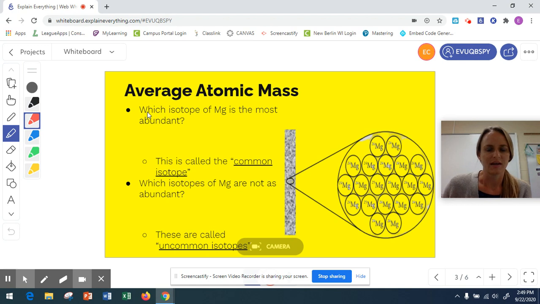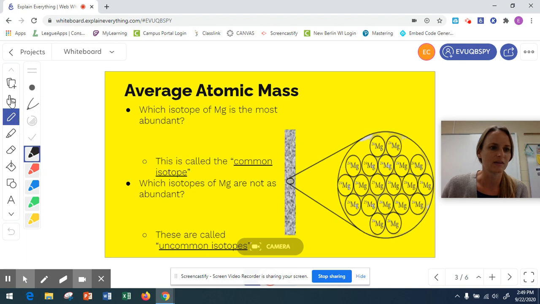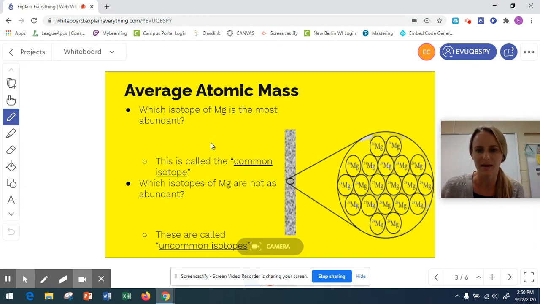In order for us to understand, we have to talk about abundance. Which isotope of magnesium is the most abundant based on that picture that we talked about at the start? You could see clearly, as I was coloring those magnesium atoms in with differing mass numbers, that magnesium 24 was definitely the most abundant.